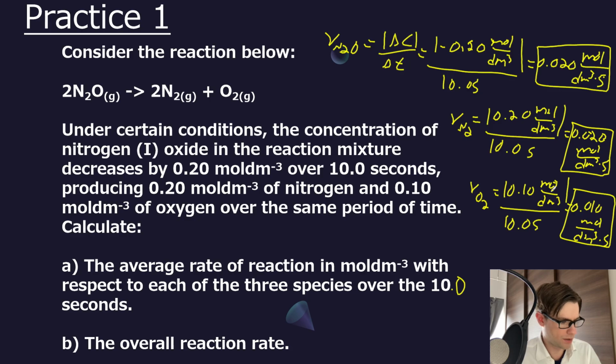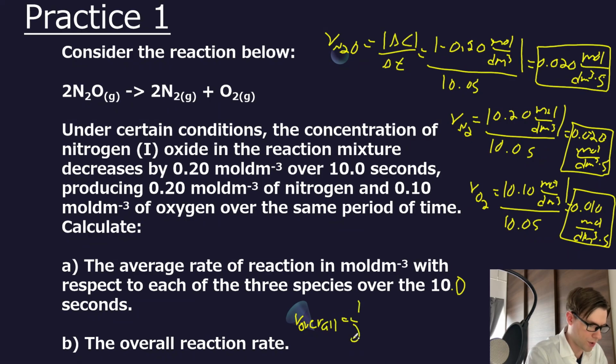All right, and the second part of this question, part B, asks us, what's the overall reaction rate for this? So the overall reaction rate we can label this rate overall. Well, this is equal to 1 over the stoichiometric coefficient of the N2O rate.